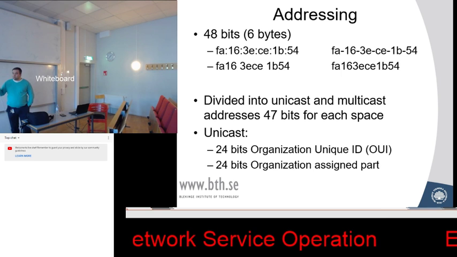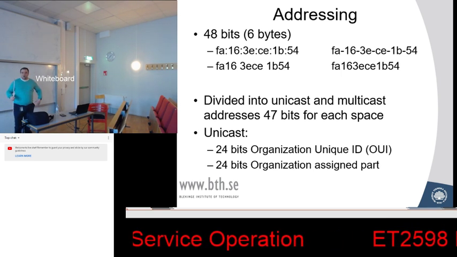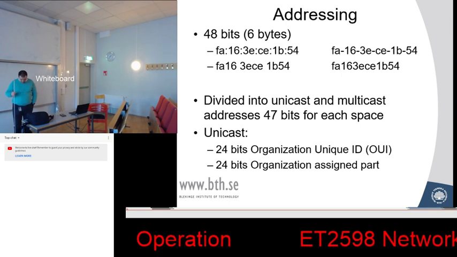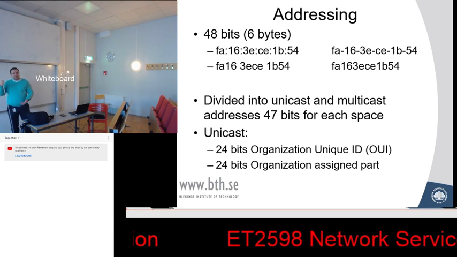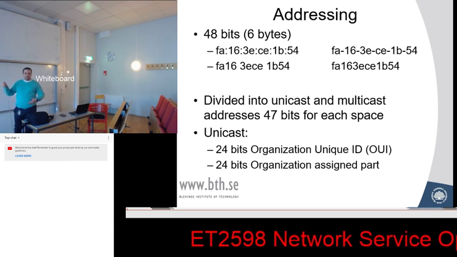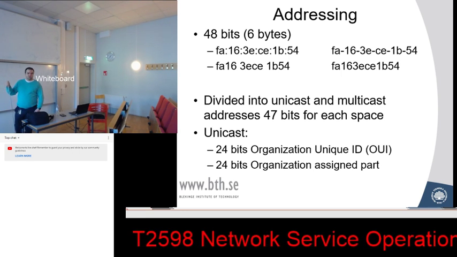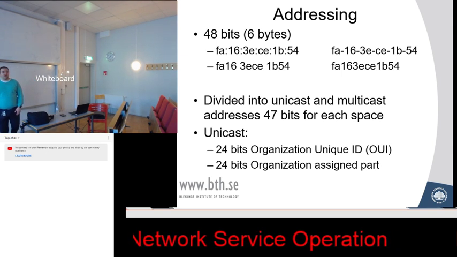So by having these assignments, or a way of giving out addresses, the standards organization IEEE has put the job on the manufacturers. Each manufacturer gets an organizational unique ID.